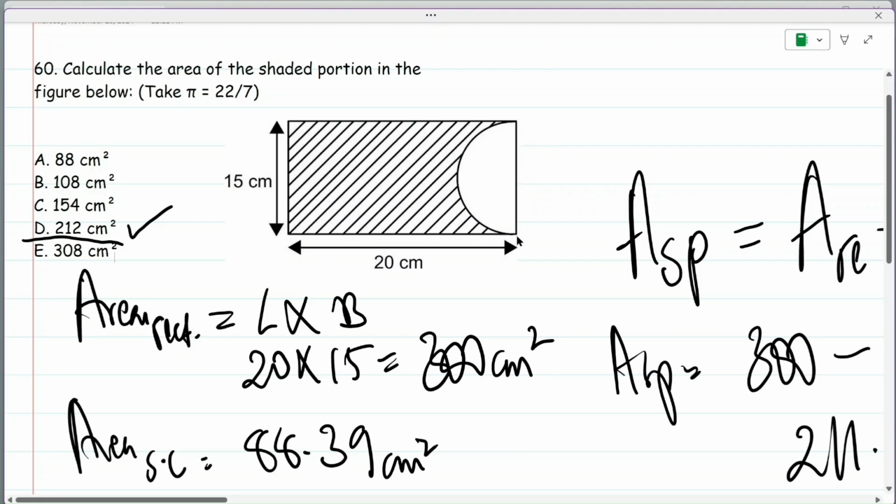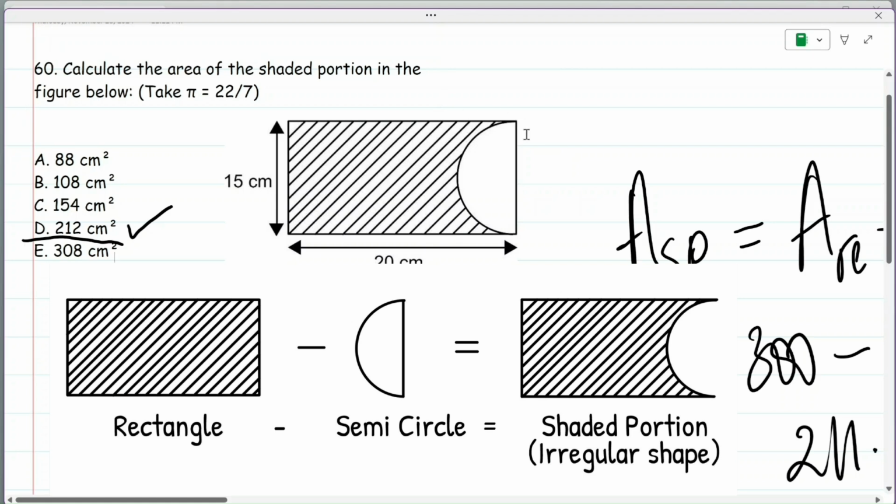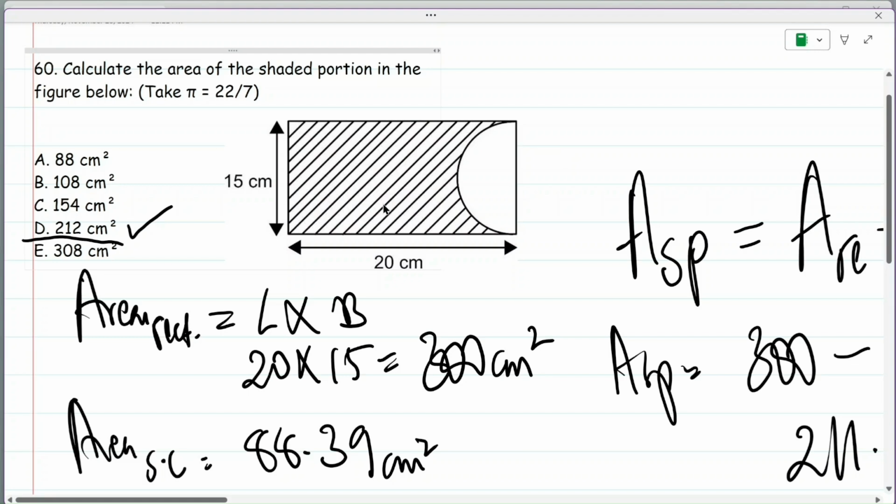Once we've gotten the area of this semicircle, we subtract it from the area of the rectangle to get the area of the shaded portion, therefore solving the question. And if you can get this, you can solve questions similar to this. All you need to do in questions similar to this is find the area of the irregular shapes you have in it, and from there you subtract to get the area of the irregular shape or the shaded portion.